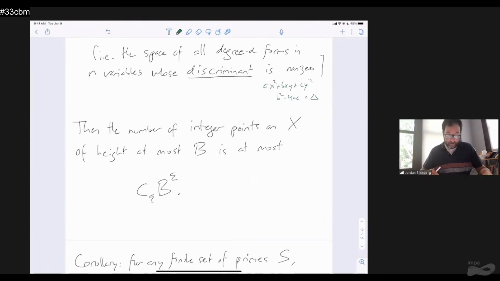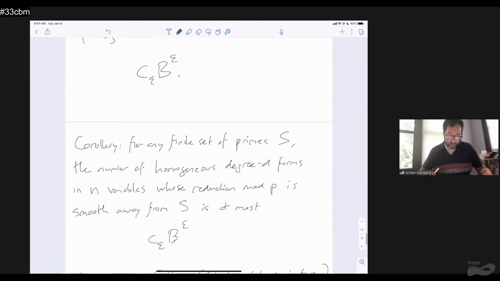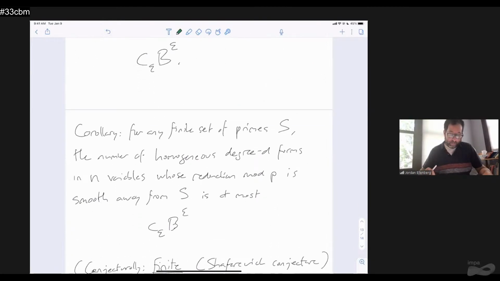And another way to say the result in terms of hypersurfaces, or just in terms of pure algebra, is this: if I look at the number of homogeneous degree d forms in n variables, and I should have said, all coefficients less than or equal to b, so I'm counting in some huge box.